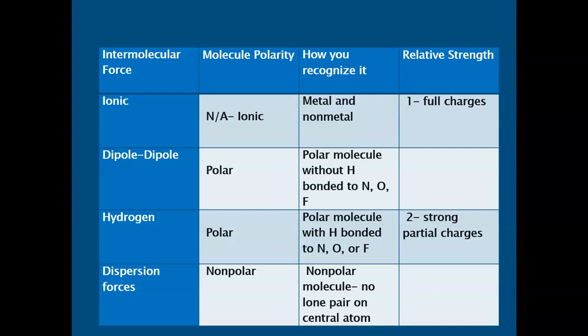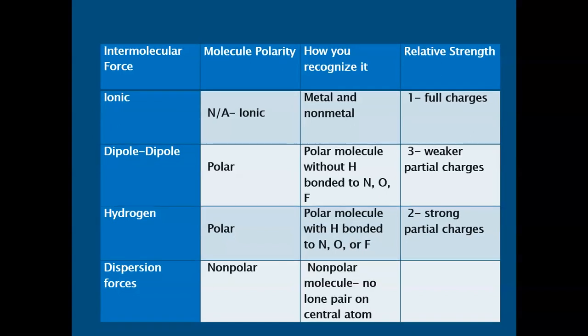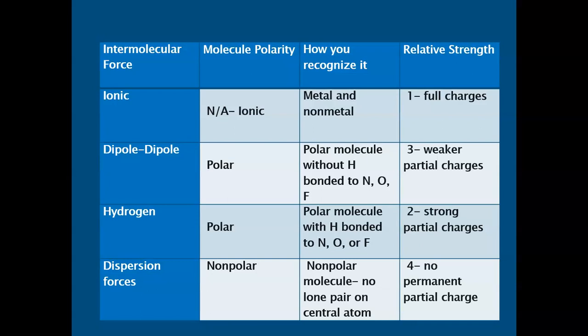So hydrogen bonded molecules have fairly strong partial charges. Dipole-dipole forces are a little bit weaker because they're held together with weaker partial charges. And dispersion forces are the weakest because when we have nonpolar molecules, they have no permanent partial charges on them. So there's no charge holding them together at all.